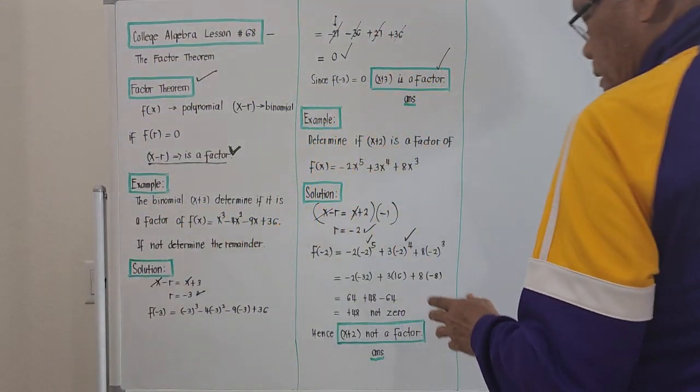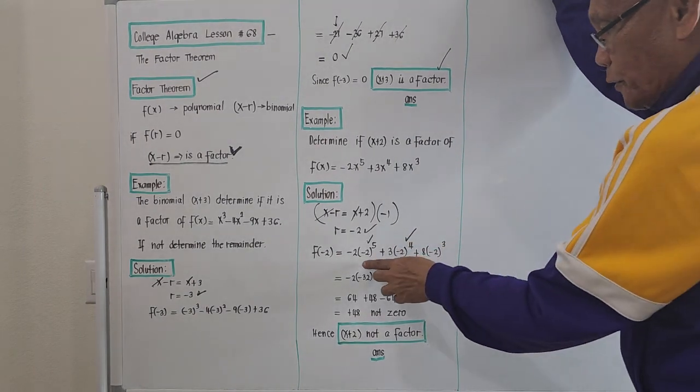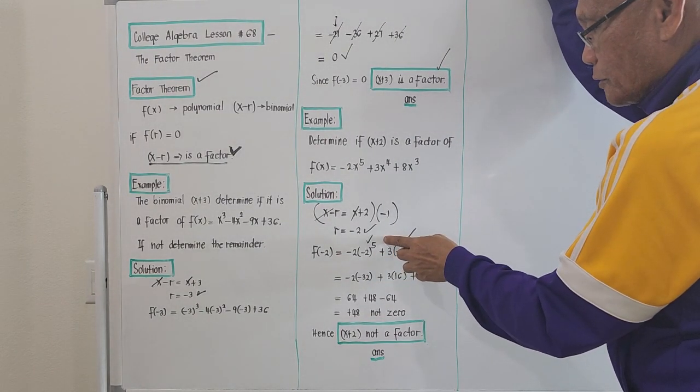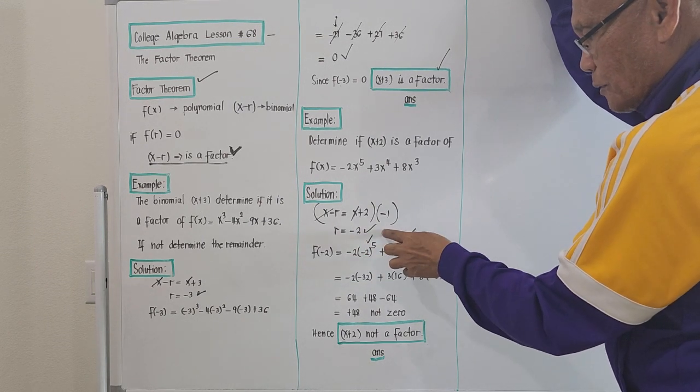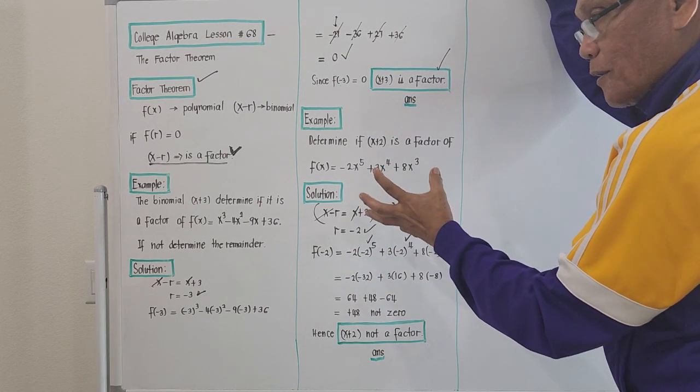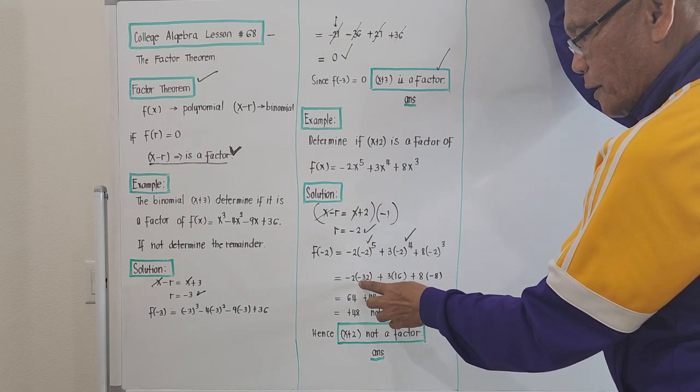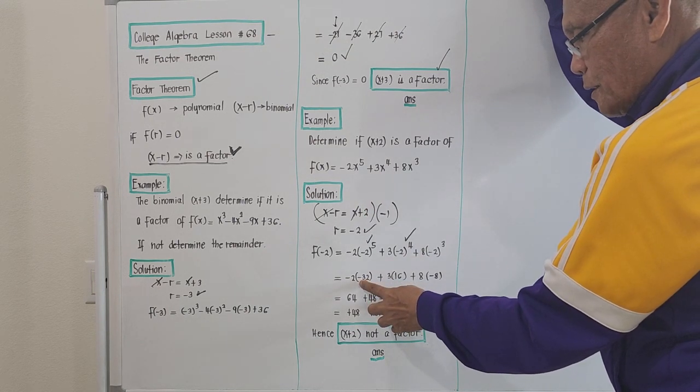Okay? The exponent of this negative 2 is actually an odd number, right? So if we raise negative 2 to the 5th power, it should be a negative value, right? And that is actually negative 32.